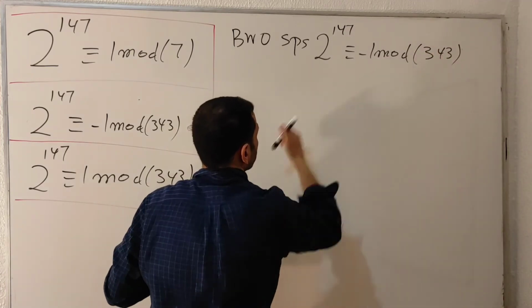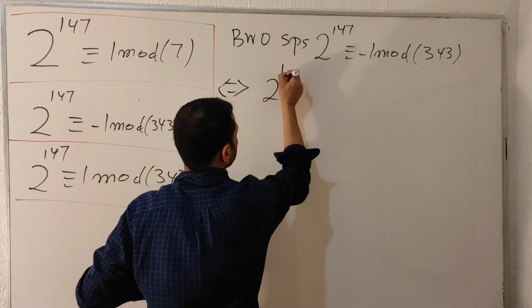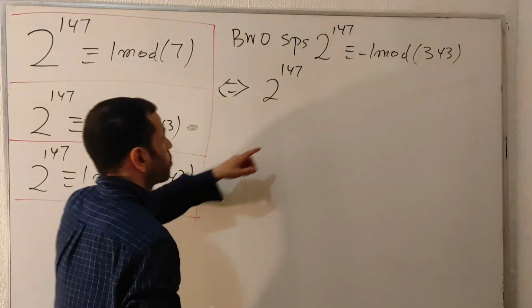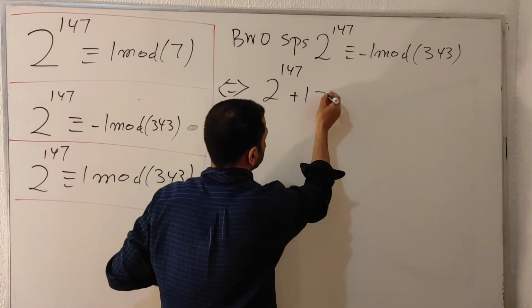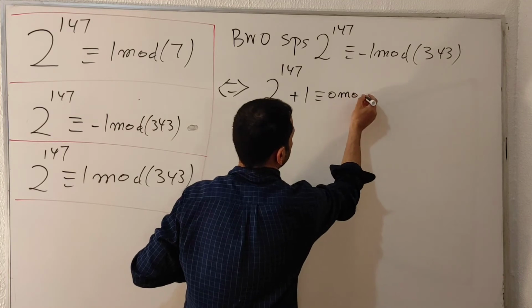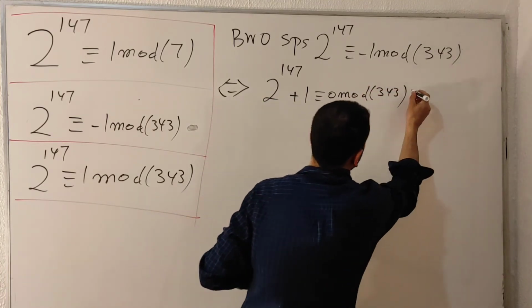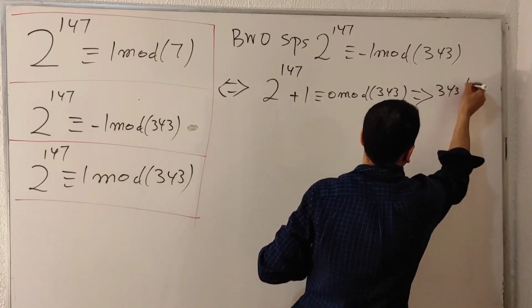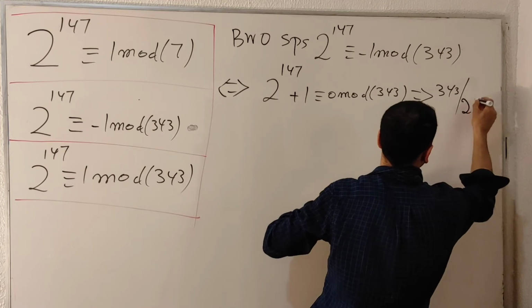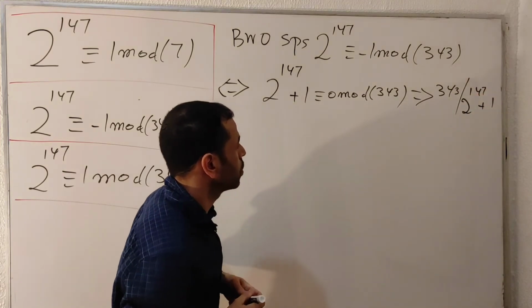Taking the minus 1 to the left, we get 2^147 plus 1 congruent to 0 mod 343. This tells us 343 divides 2^147 plus 1.